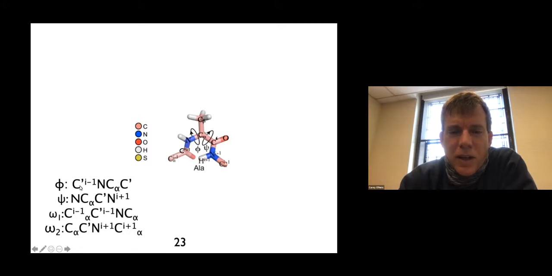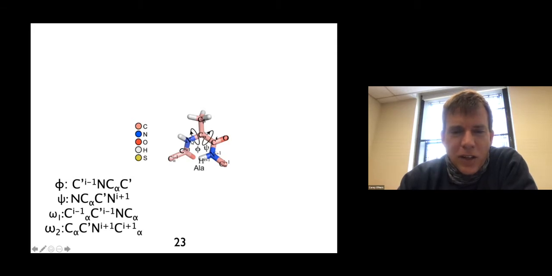This one includes 2 carboxyl carbon atoms, one from the i-1 amino acid and one from the ith amino acid. Typically in the nomenclature, if you're talking about the central ith amino acid, you drop the i notation.